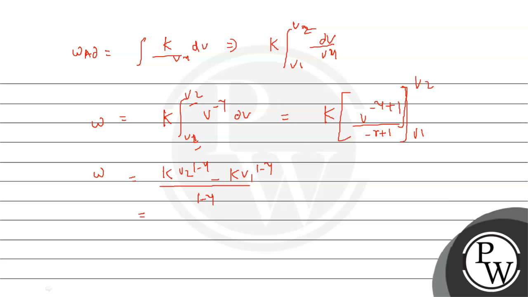We expanded it with the limits, multiplying with K. Writing it again, the work done equals P2 V2^gamma multiplied by V2^(1 minus gamma) minus P1 V1^gamma multiplied by V1^(1 minus gamma), divided by 1 minus gamma.